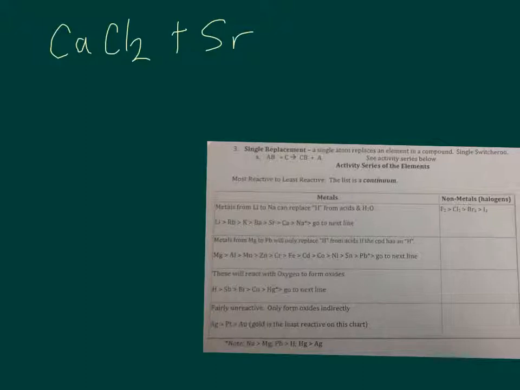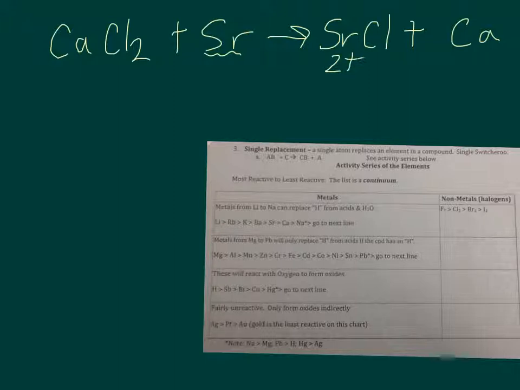So let's find it. Sr is right there, and it is 1 notch higher than Ca, so it will kick it out. I like to write the one kicked out way over here, so it's lonely and all by itself. And then you reconnect the new ones that bond together, which is Sr. Since Sr is the metal, it has to be written first. So Sr and Cl, you've got to look at the charges.